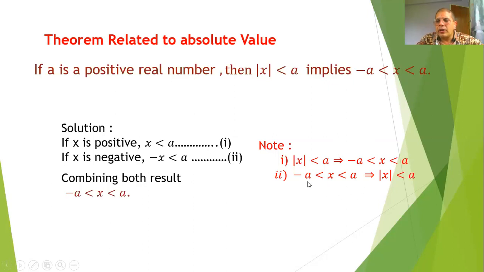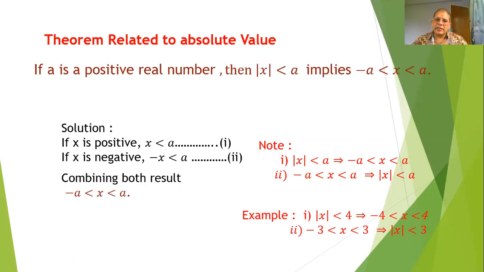If you have the same number with minus and plus, and x in between them, then you can write absolute x is less than a. If absolute x is less than a, write this a in both directions: in the left hand side minus and the right hand side plus, and write x in the middle. So this is your concept. Don't forget, you can use these two concepts in your exercise.